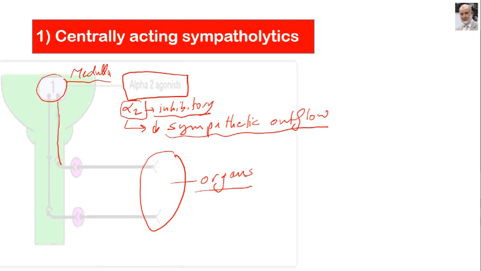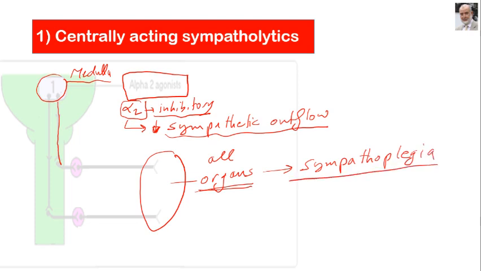They are inhibitory. They inhibit the flow. That means they will inhibit the flow to all organs of the body. That's why they produce sympathoplegia. In this case, what do you think? Will they have a selective effect or a non-selective action?